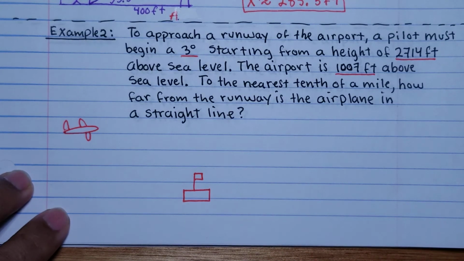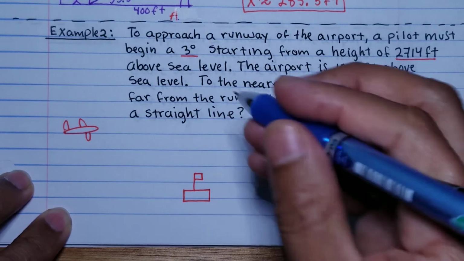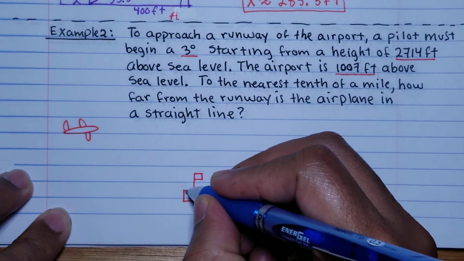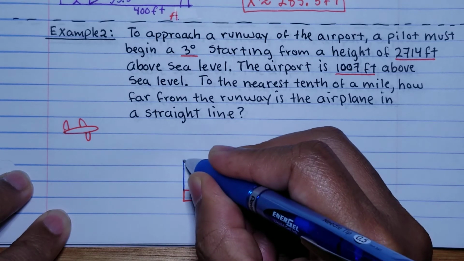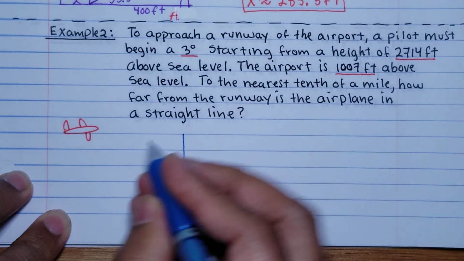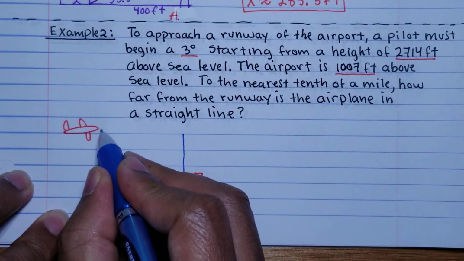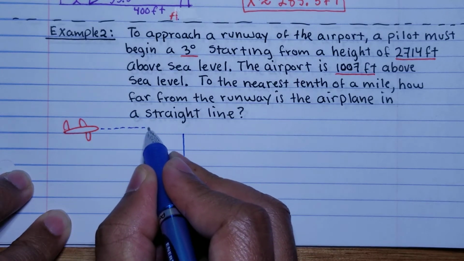Okay, so let's continue with the diagram, and then we'll come back to that information in a moment. So if I draw this side, and this will be the horizontal, okay, line of sight.